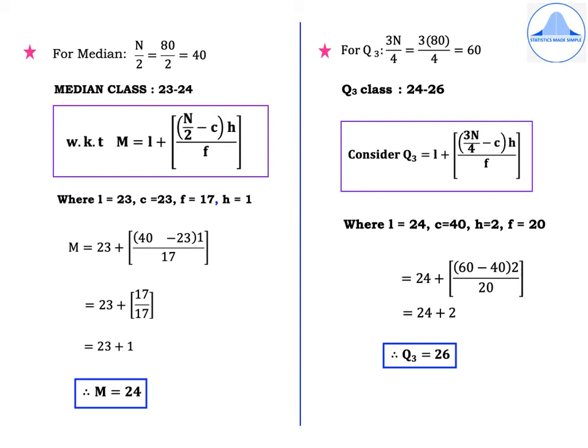So the median class is 23 to 24. Then use the formula m equal to L plus N by 2 minus C into H divided by F. So L is 23, C is also 23, F is 17 and H is 1. Substituting and simplifying, you have to get M as 24.